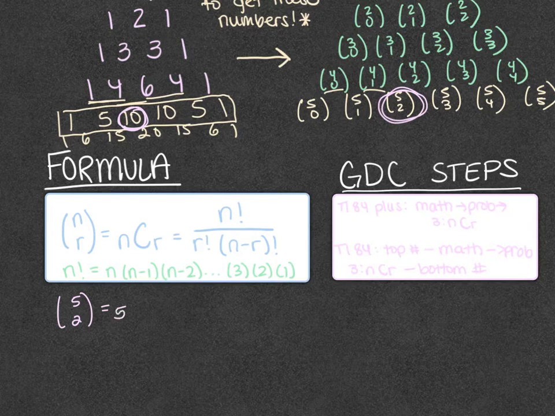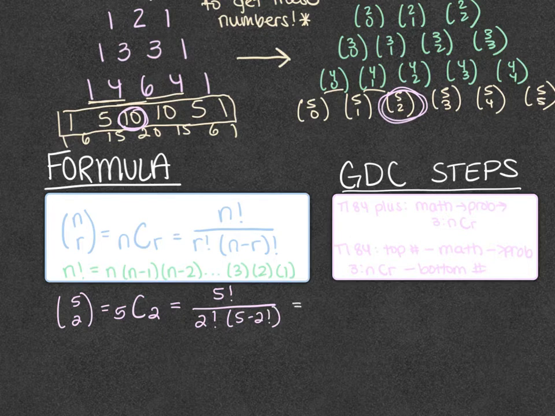So this is 5C2. To evaluate this, we're going to put it into the formula. In this case, n would be 5 factorial, r is 2 factorial, and then 5 minus 2 factorial.